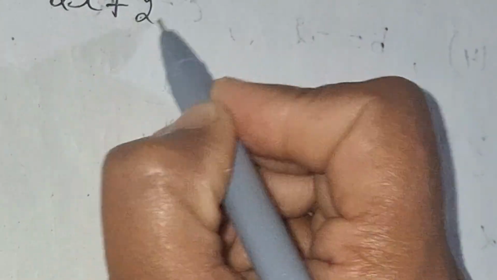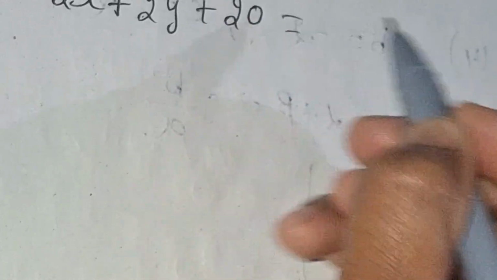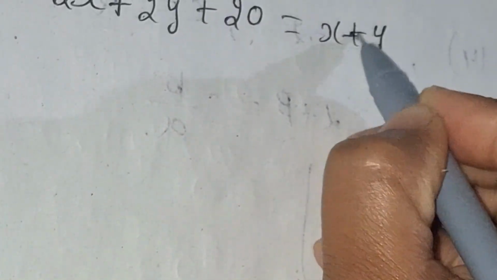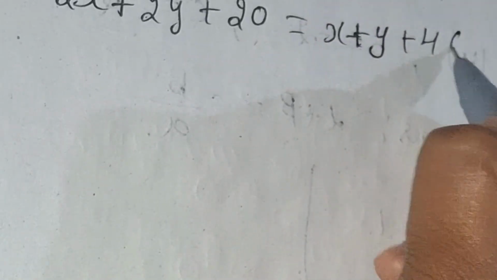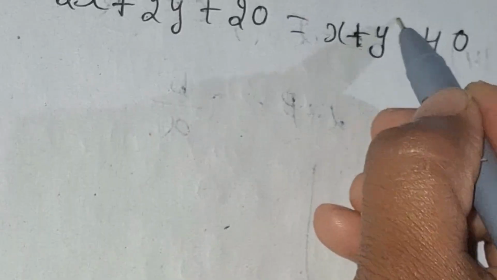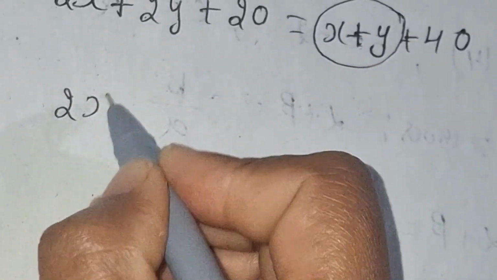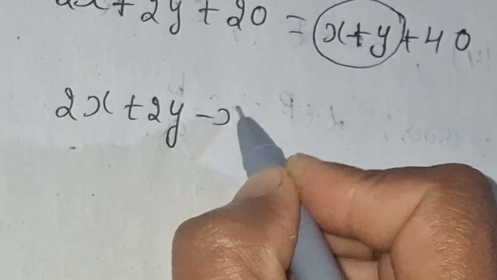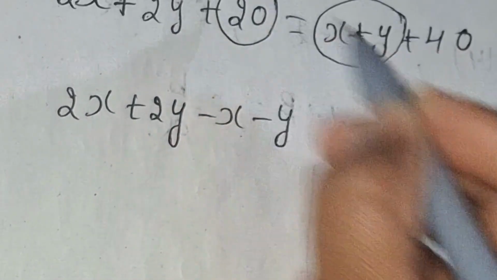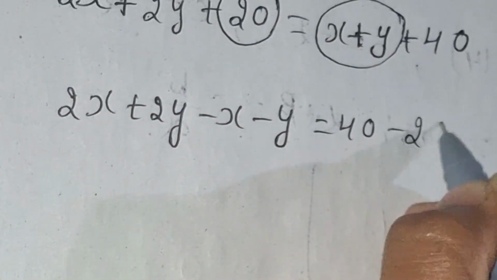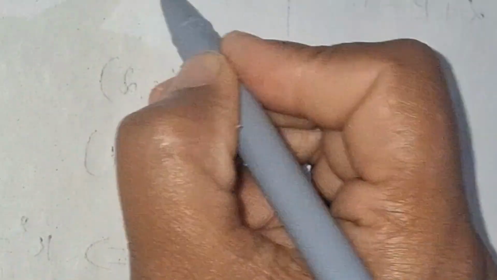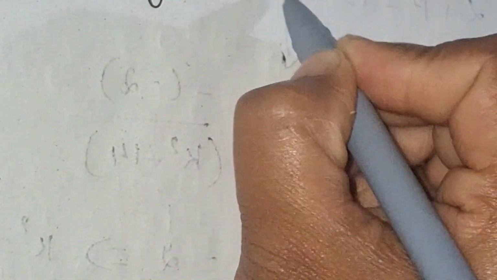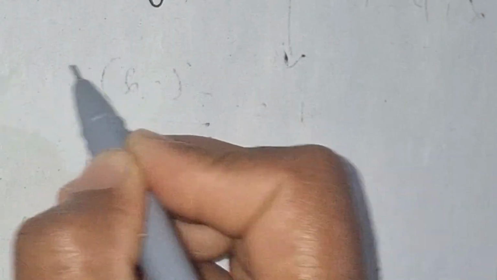So we multiply 2 into x, 2x, 2 into y, 2y, plus 20. Then x plus y, and add the two constants, 20 plus 20, 40. Then x plus y taken to the left-hand side: 2x minus x, 2y minus y, and 20 taken to the right-hand side: 40 minus 20. Then subtracting, 2x minus x, 2y minus y equal to 40 minus 20, that is 20. This is equation 2.